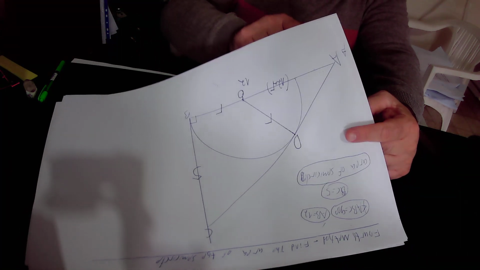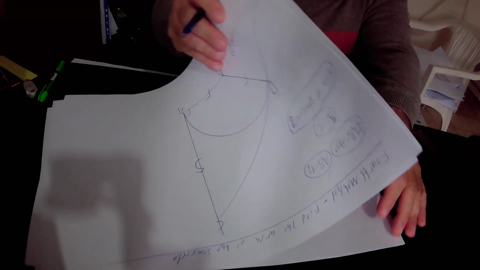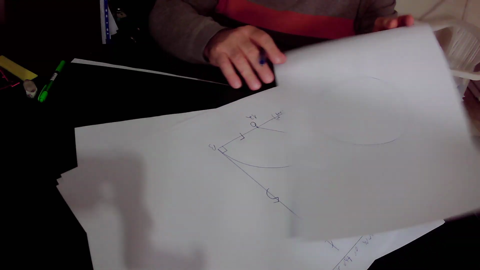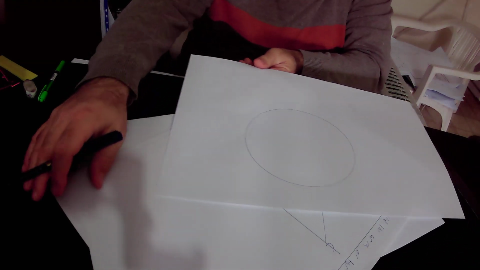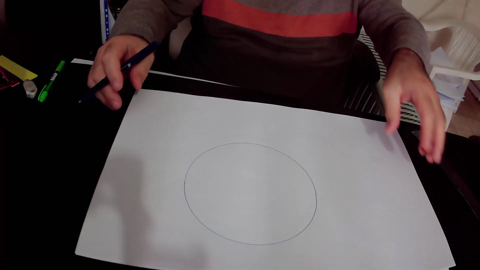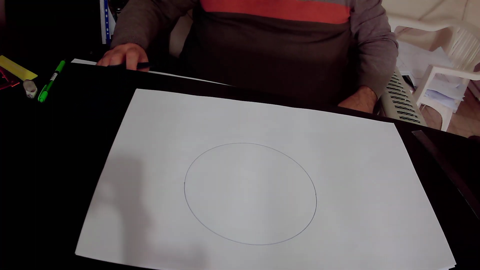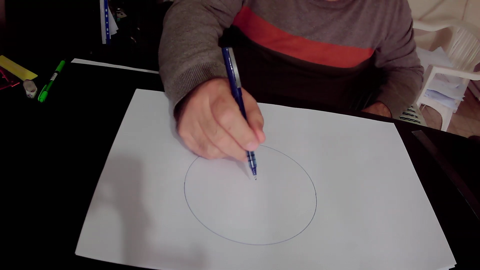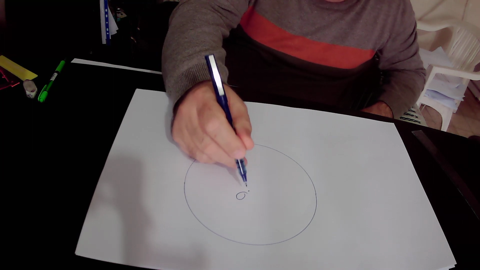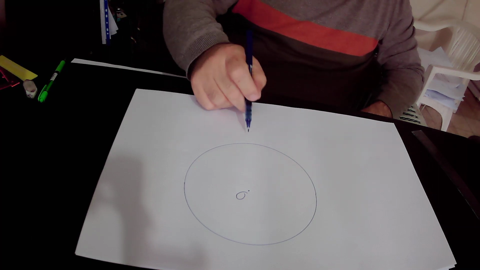According to rule number 1, if we have a circle and we know that the center of this circle is at this point, we define it as point O, and we have also tangent AB to this circle.